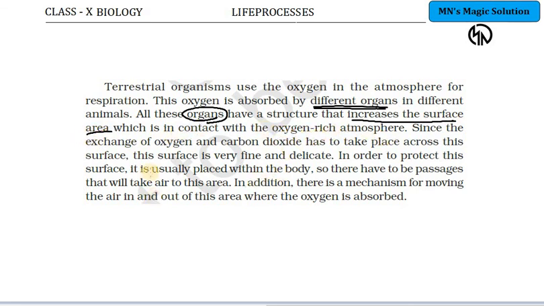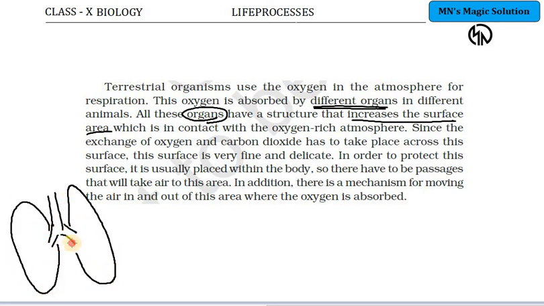So in humans, we have big lungs. If you look at the lungs, they split like this, and the air is taken in, and the outside surface of the lungs is richly supplied with blood vessels. So the air that goes in gets in contact with the blood vessels and the gas exchange takes place. For this process, that particular surface should have an increased surface area.